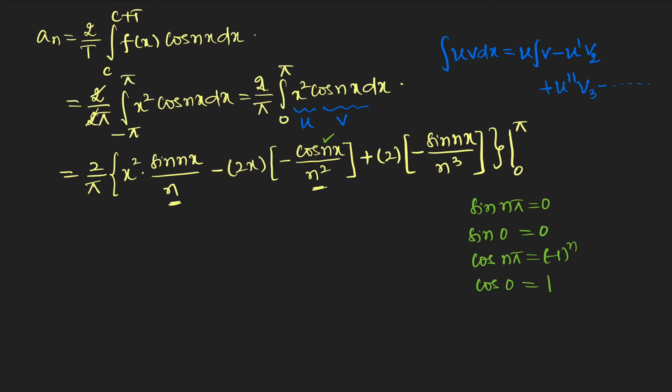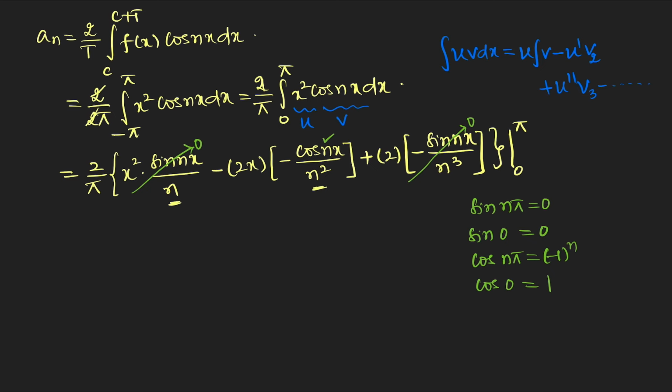With sin n pi equal to 0, the first term goes to 0 and the third term also goes to 0. We are left with only the second term.